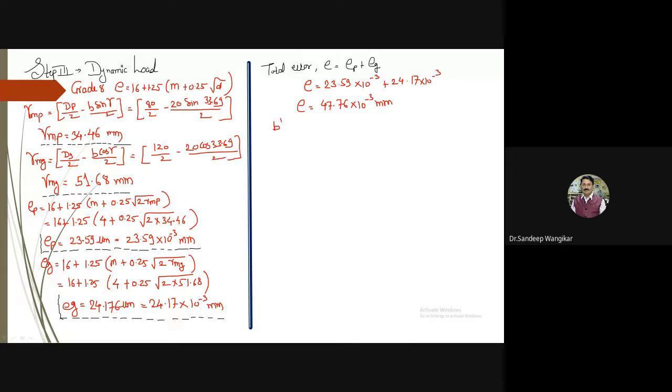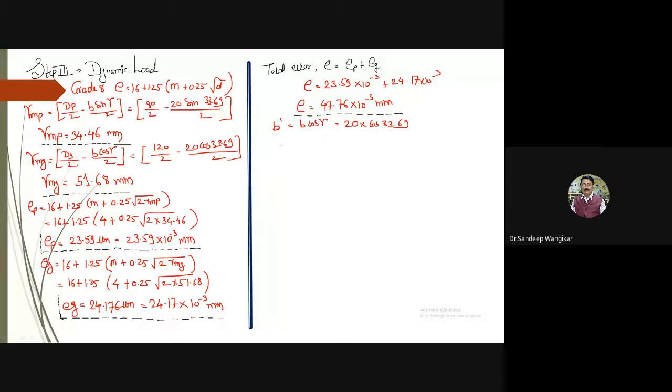Then I will go for B dash. We have discussed B dash is equal to B cos of gamma. B dash is the face width considered parallel to the tooth. Okay, we are having the relation B dash is B cos gamma, 20 into cos of 33.69.